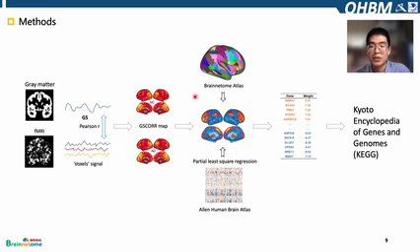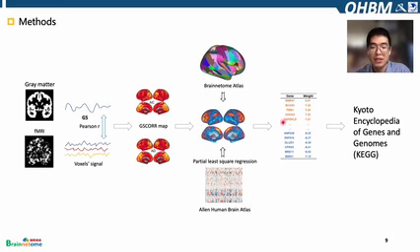Then we used the Brainnetome atlas to obtain the regional GSLR alteration, and partial least squares PLS regression was applied to investigate the association between the GSLR alteration and the transcriptional data from the Allen Human Brain Atlas.